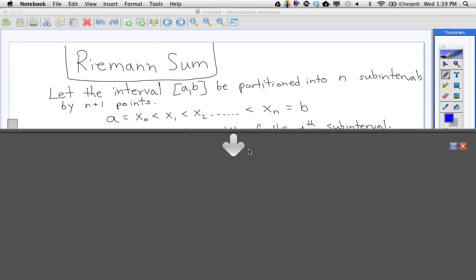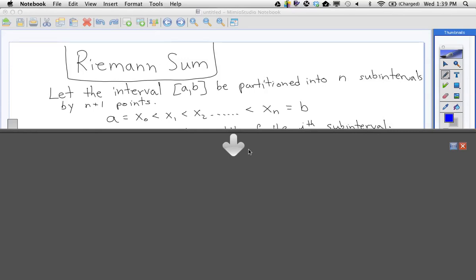The next statement says A is equal to x sub 0, which is less than x sub 1, which is less than x sub 2, dot, dot, dot, is less than x sub n, which equals B. That's where I was showing you that notation in that picture earlier. We're going to call the left edge x sub 0, that's the A. Then x sub 1, and then x2, and then x3, dot, dot, dot, all the way out to xn. That's all that's saying.